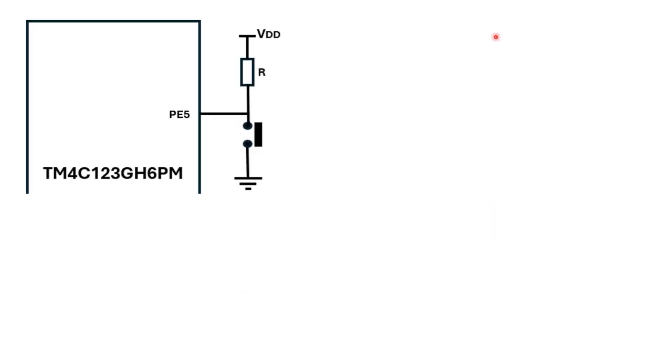So let's look at the value of R. For most applications, R can be 10K to 50K ohm for a pull-up or a pull-down resistor. 10K is often used because it's a good balance between noise immunity and power consumption.